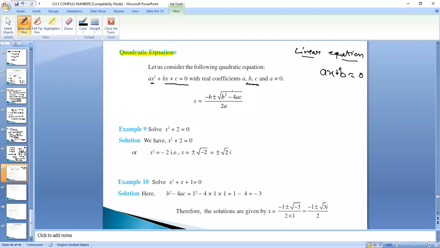Now in the previous classes, whenever we calculated the roots, the value of b square minus 4ac was always positive, right?